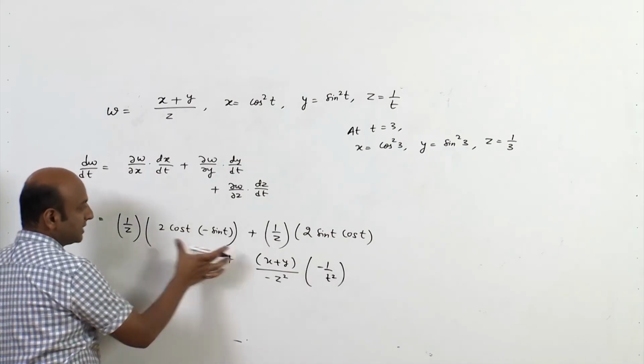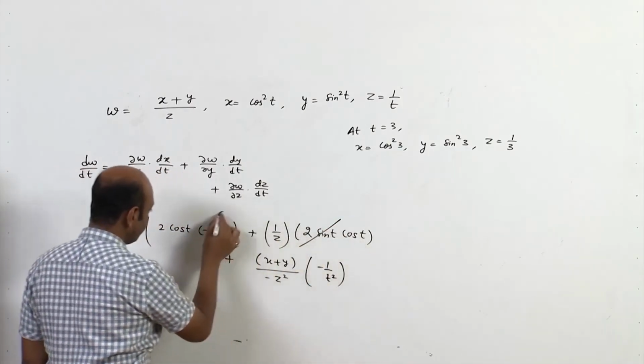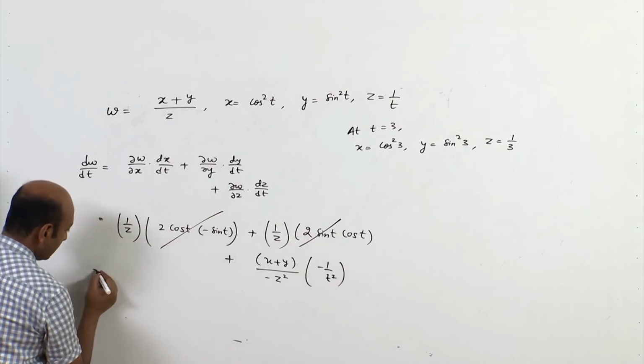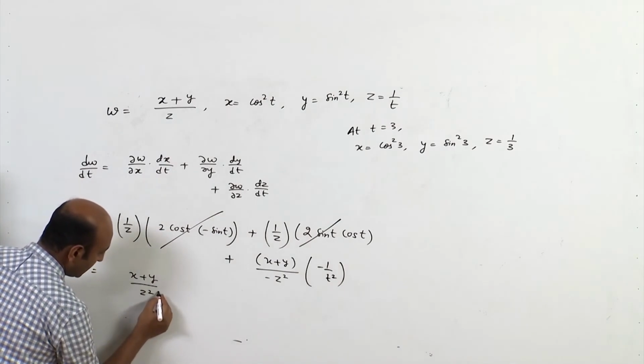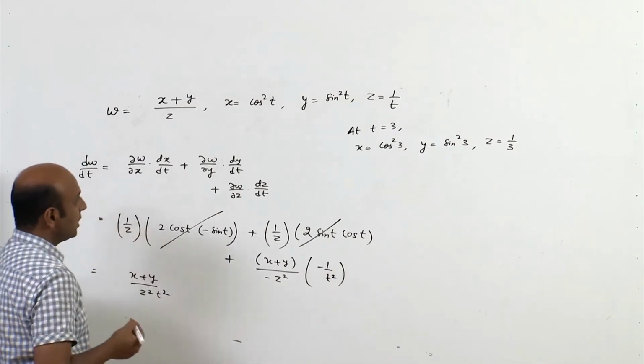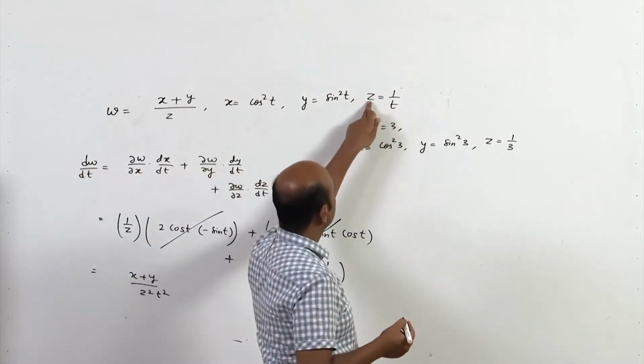Now, this term and this term cancel out, and it will be x plus y upon z square t square. Now, z into t is 1.